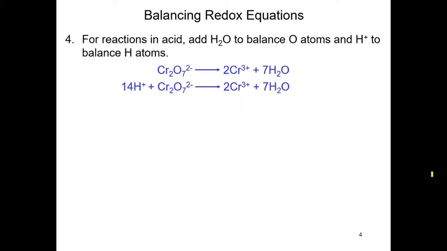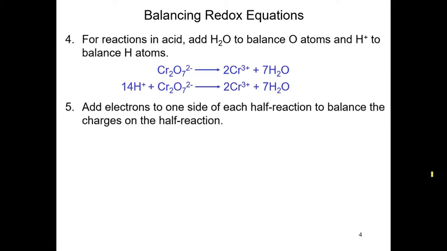Now, because these are oxidation reduction reactions, electrons have to be involved. So our next step is we're going to add electrons to one side of the half reaction to balance the charges overall. This is the step where, if you did not know at the beginning who was getting oxidized and who was getting reduced, it's going to show.